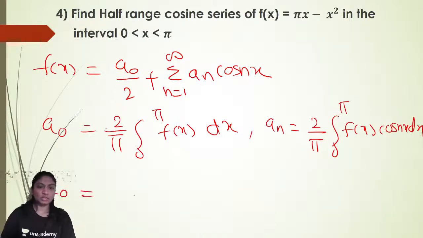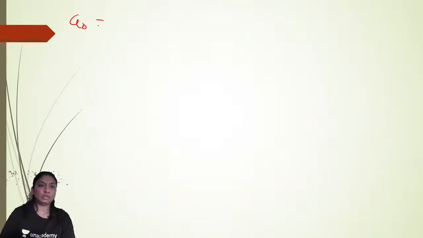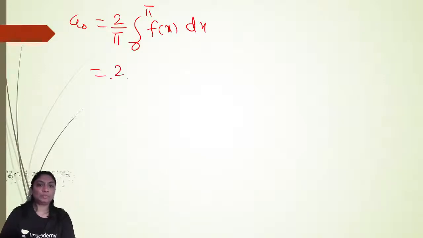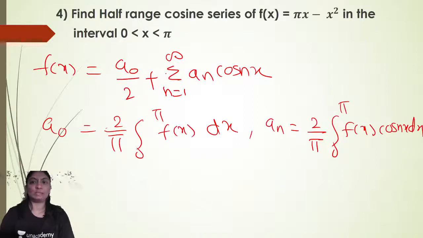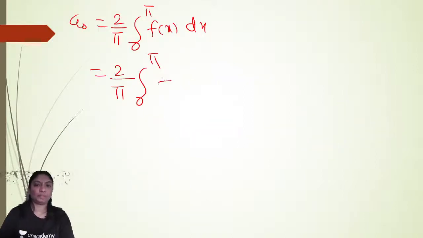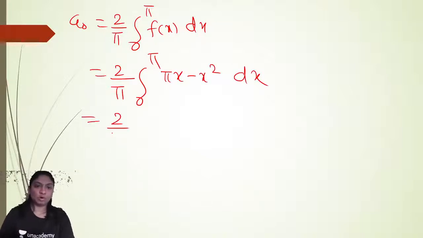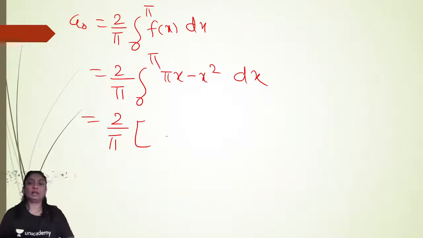So here a0 we will calculate on the next page. So a0 is equal to 2 by pi integral from 0 to pi f of x dx. What is your function f of x? Pi x minus x square. So 2 upon pi integral of pi x minus x square dx. Now what is the integral value of this?